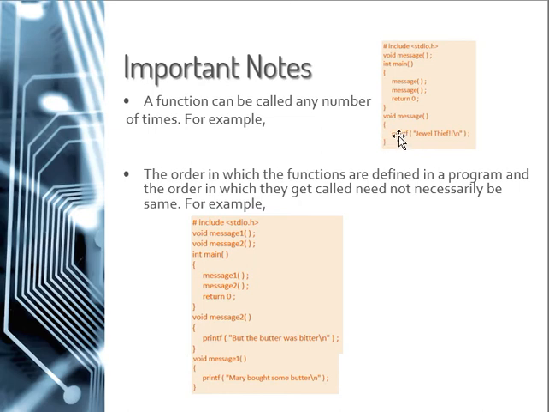But what if your function contains, for example, 10, 20, or even more than 50 lines of code? And then that function is needed repeatedly. So, instead of writing 50 lines of code two times here or more, you just call the function. So, that is one of the advantages of functions. It makes writing your code easier.